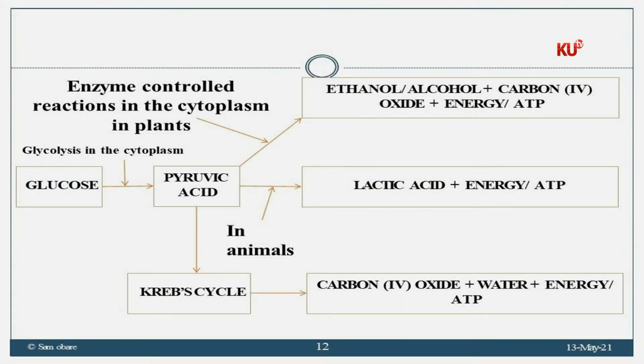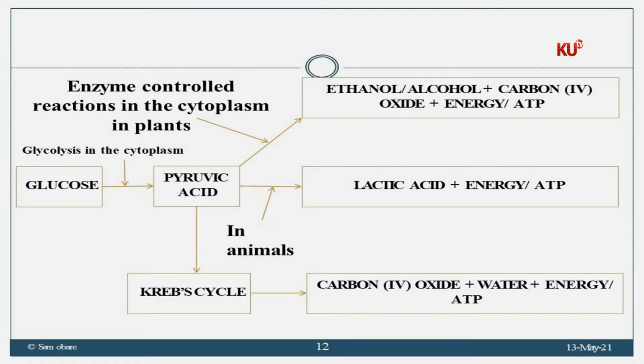Now, let's see the chart there. That's what we have been describing. Glucose is broken down into pyruvic acid. As you can see, in animals the pyruvic acid is broken down into lactic acid and energy. That chart represents anaerobic respiration.